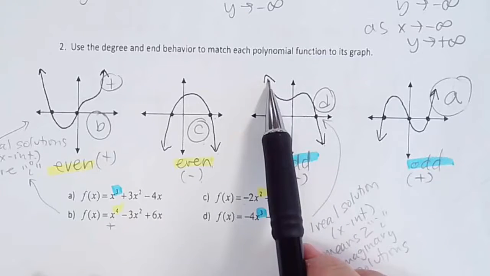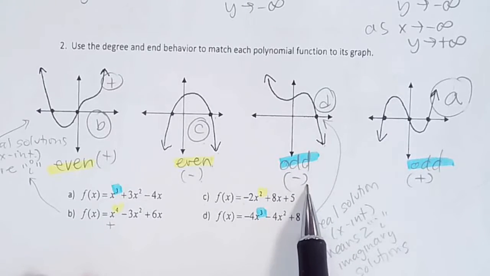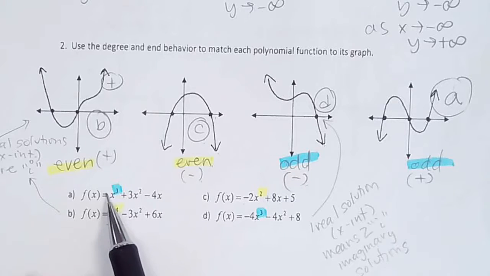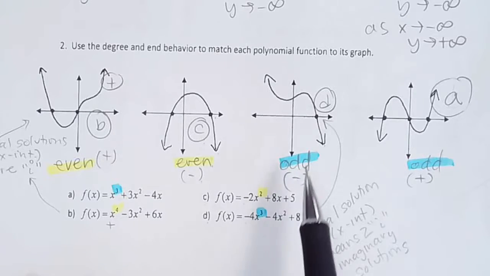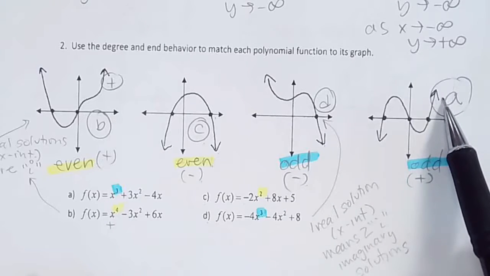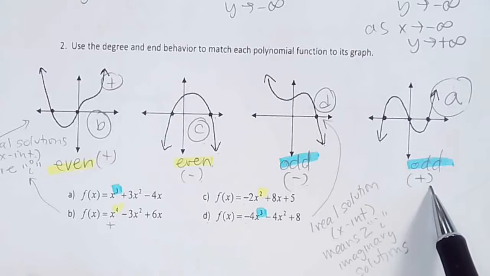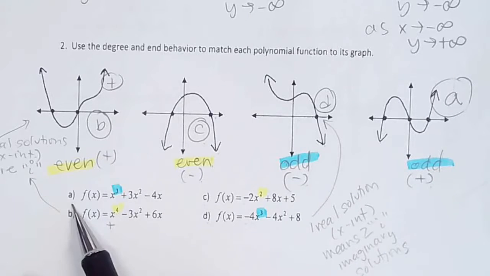That's odd, and it has a negative leading coefficient. A is odd with a positive leading coefficient. Equation D is odd with a negative leading coefficient. And so this can only be graph D. Last graph is up on the right, down on the left. That's odd for degree, and it's a positive leading coefficient. So in fact, it does match the only equation that's left, which is equation A.